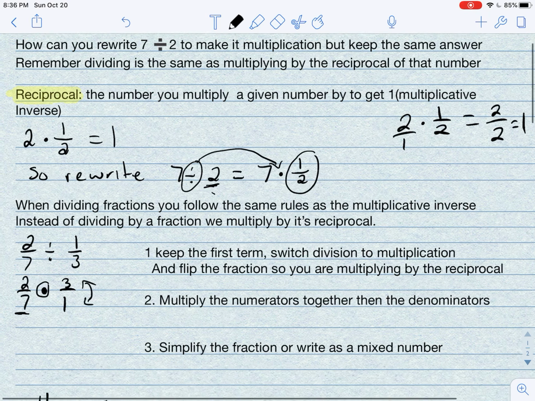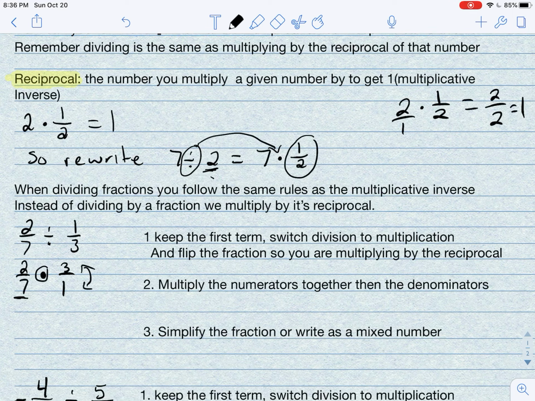Now we've rewritten the same equation using multiplication. And from the previous lessons, we know how to multiply fractions. You just multiply numerator times numerator, denominator times denominator, and that is how we get our new fraction. So 2 times 3 is 6, 7 times 1 is 7.